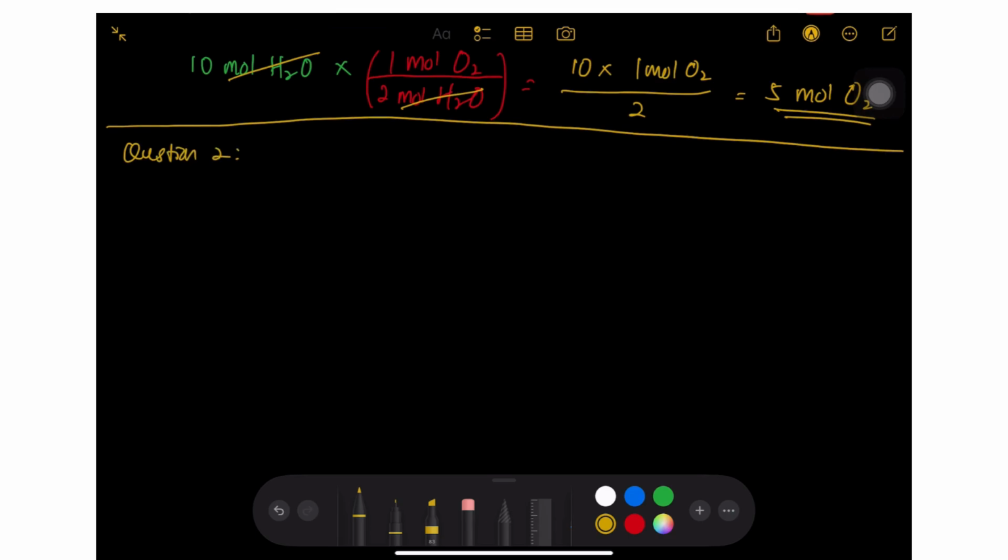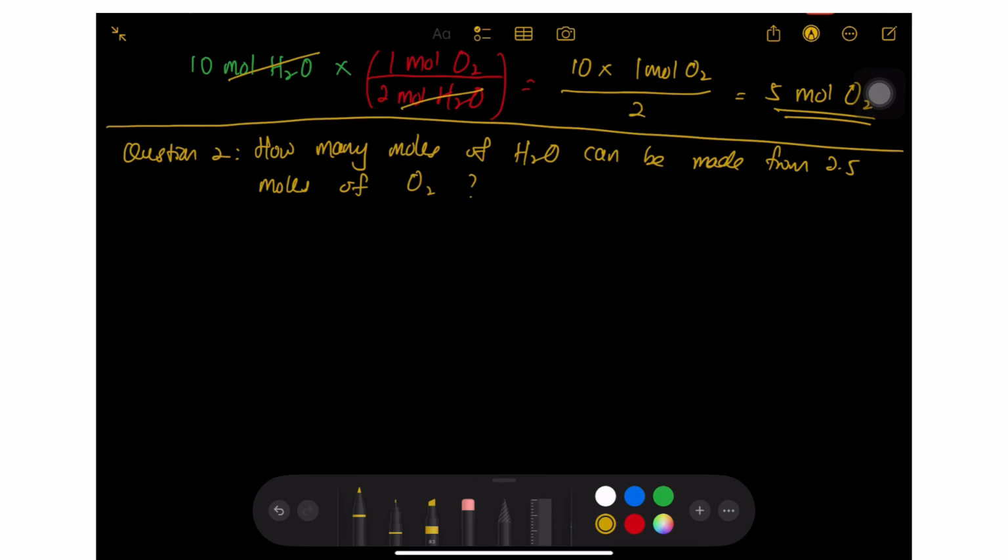For question 2, how many moles of H2O can be made from 2.5 moles of oxygen?